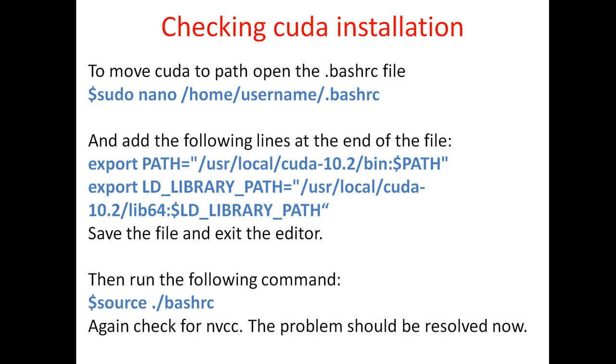That is /usr/local/cuda-10.2/bin. You can also export another variable called LD_LIBRARY_PATH, that also is required. And then you run source ~/.bashrc, and this is where you finish your installation of CUDA in Linux.